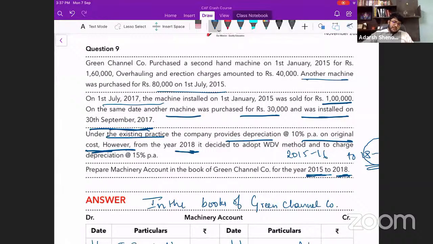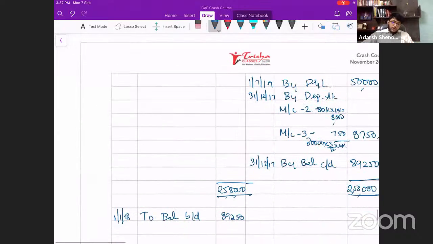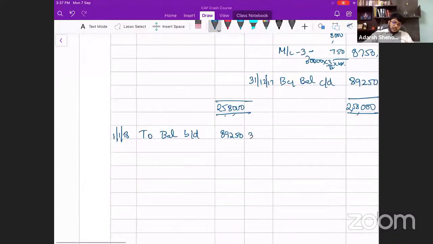Now, what should I do? Is there any other transaction in the year? No, there's no other transaction in the year. So directly calculate. Prospectively means directly calculate on the book value as at the beginning of the year.